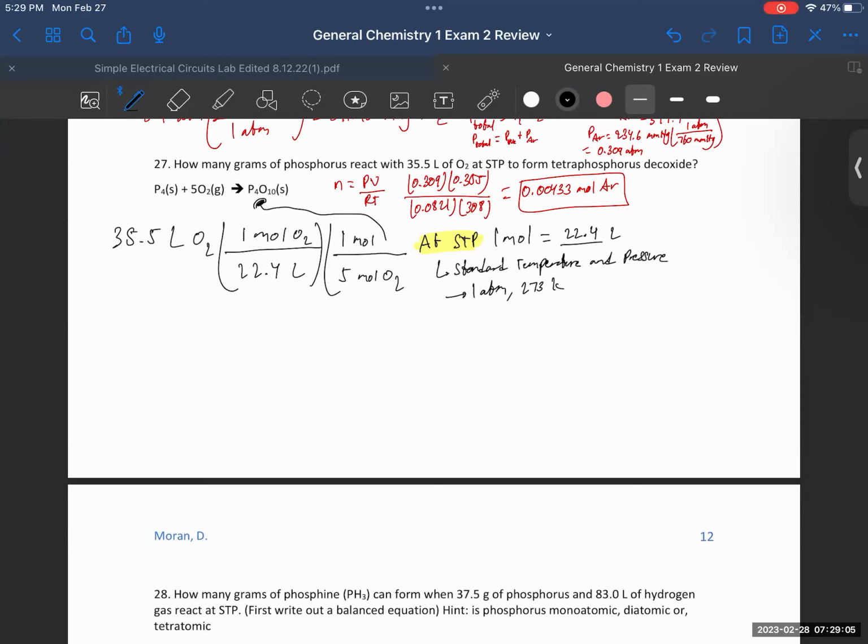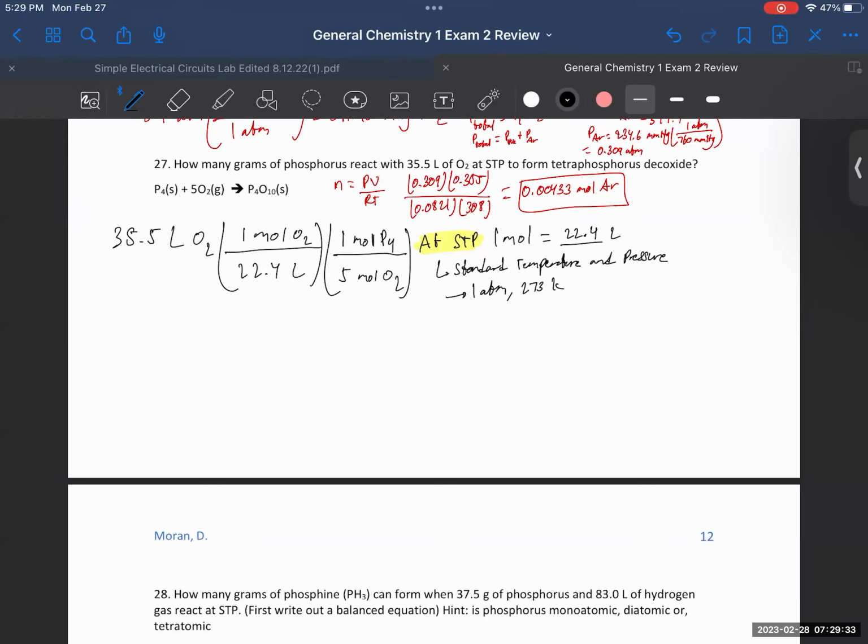But is that the question? That is not the question. The question is, how many grams of phosphorus react? So this is actually 1 mole of phosphorus. That's what we've got to change it to. But before we can even do that, we've got to figure out what our limiting reactant is.